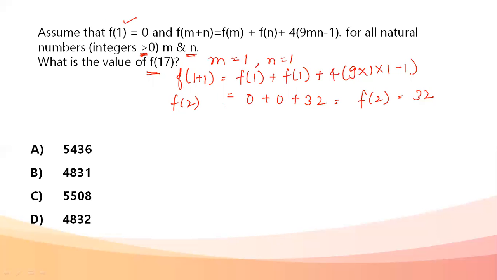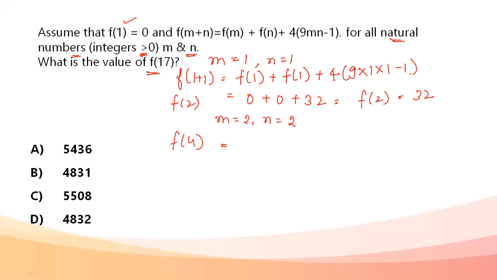Next, let's go for m equals 2, n equals 2. Why am I going for just the integer values? Because it is already mentioned in the question, all natural numbers. So I cannot take 2.5 or 3.7, something of that sort. So m equals 2, n equals 2, f of 4 needed.